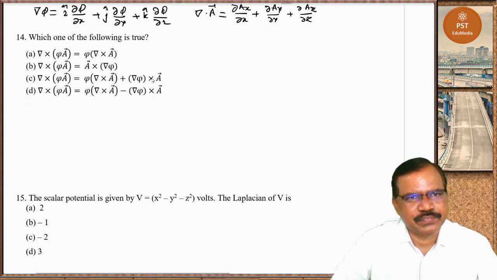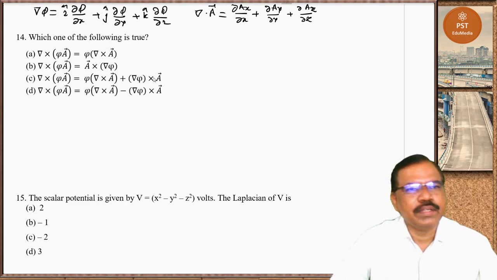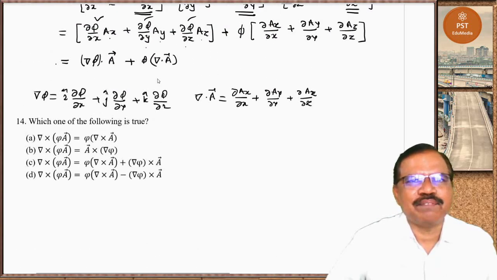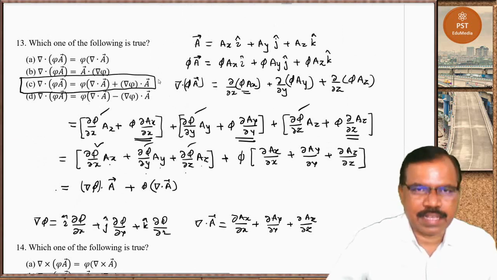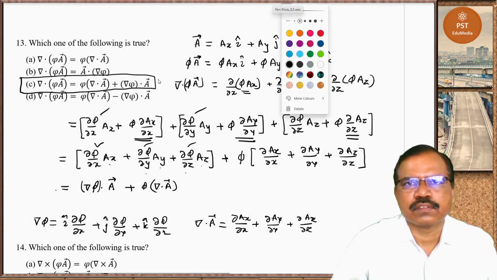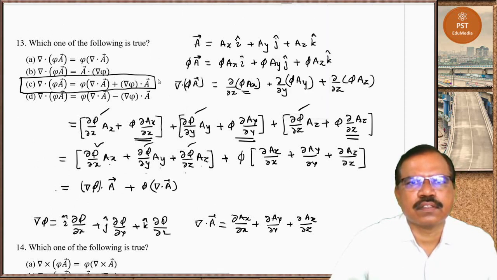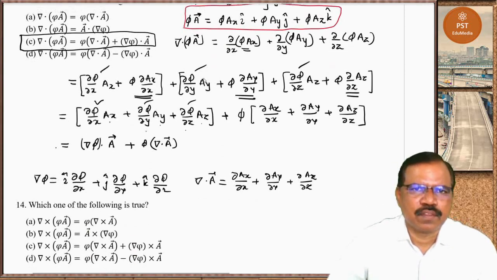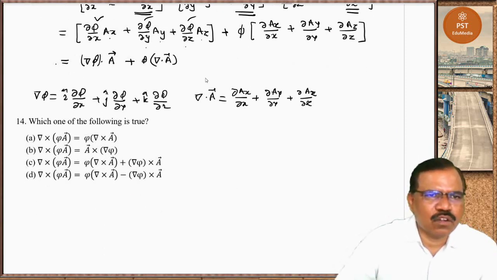Now next one. Which one of the following is true? Now here, del cross phi a. So again, phi a is this one. So we have to find del cross phi a.